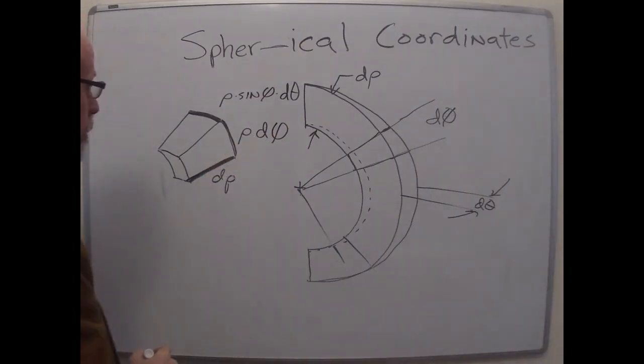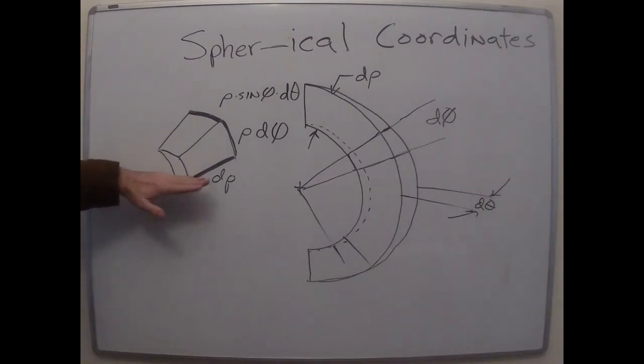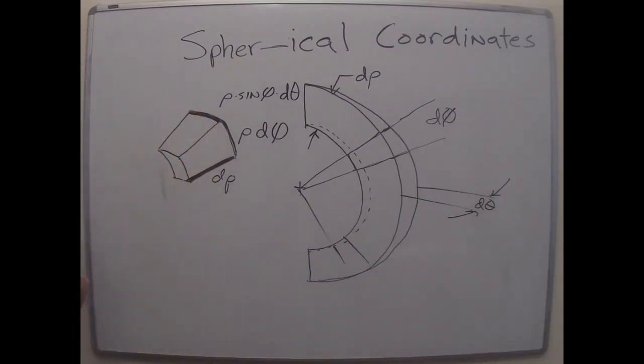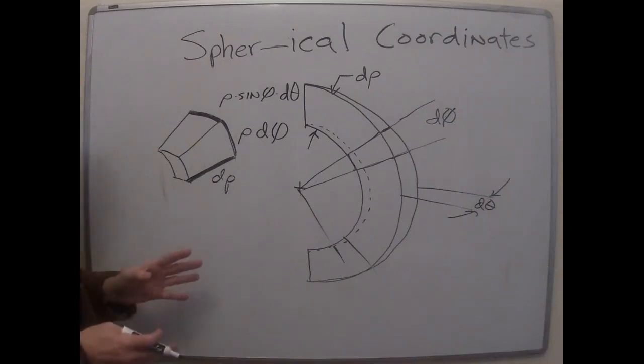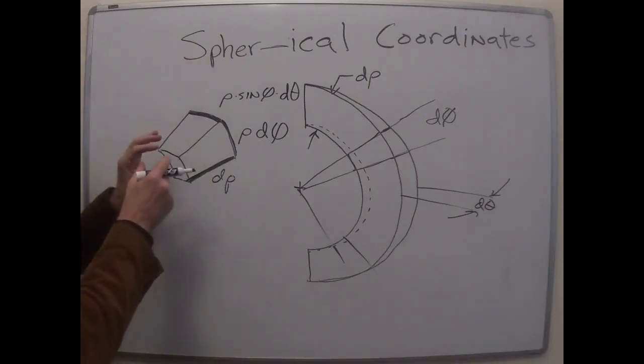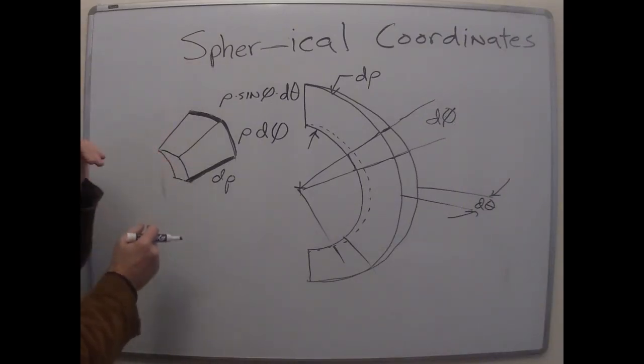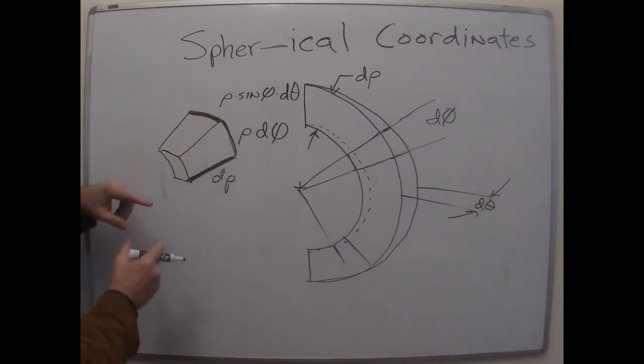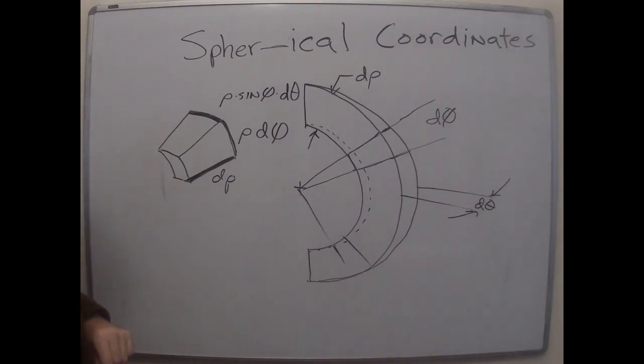It just scales if you go farther away from the origin. Now, the other problem with this, of course, is these things are not exactly linear dimensions. This one is a curved one, that's a curved one. That's one of the beauties of passing to the limit. Once we get these things sliced up fine enough, as d rho, d theta, and d phi go to 0, it becomes a perfect little cubelet. Well, it approaches being a perfect little cubelet.